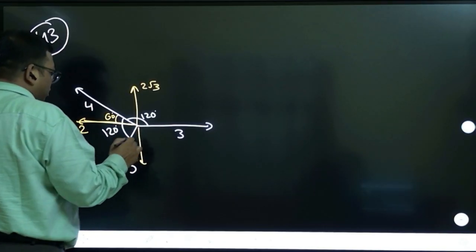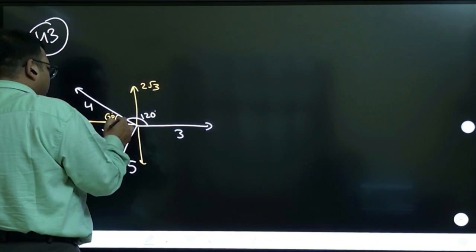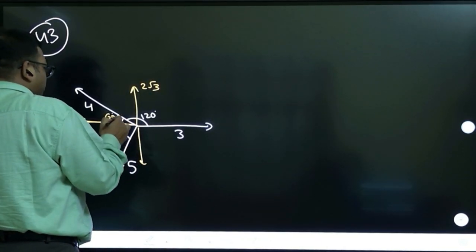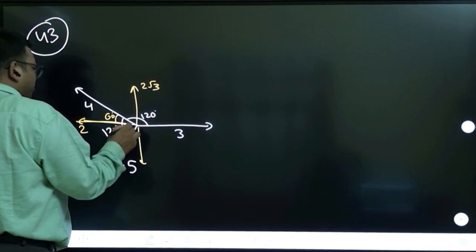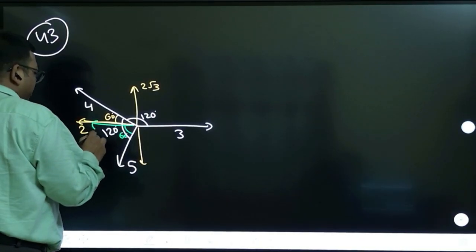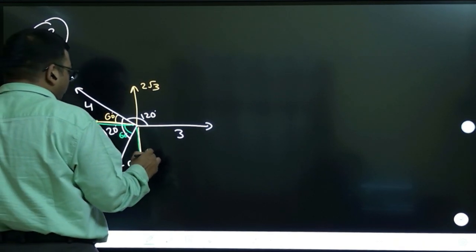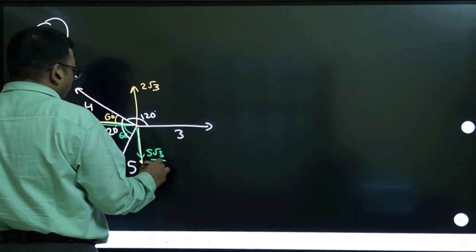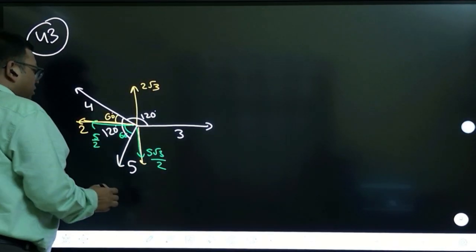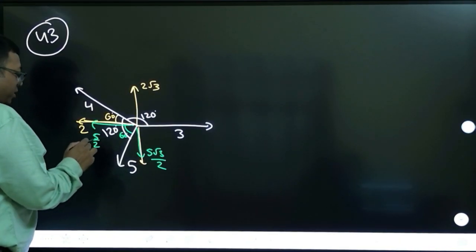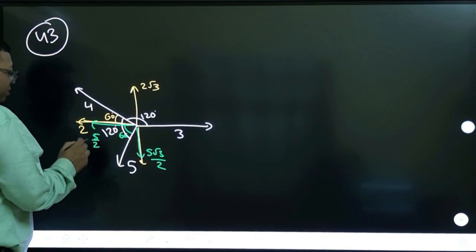Then this 5 also you resolve. This 5 is making 120 degrees from here, and this is making 60, so this will be making 60 only. So resolve 5. 5 cos 60 means 5 by 2, and 5 sin 60 means 5 root 3 by 2. Now calculate total components along x and y. This is 2 plus 5 by 2. 5 by 2 is 2.5, and 2 plus 2.5 is 4.5.